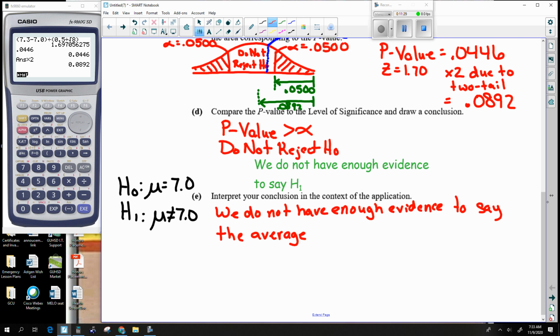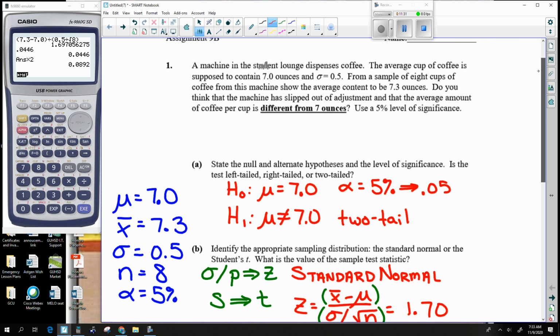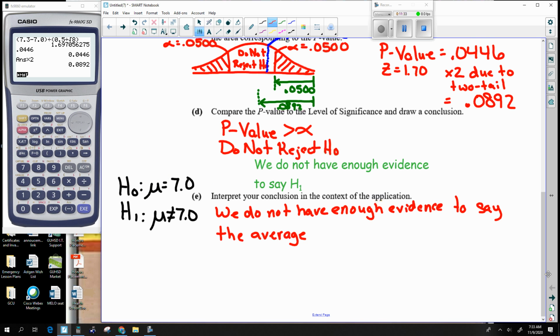In context, we're talking about coffee dispensed. So the average, that's that symbol.